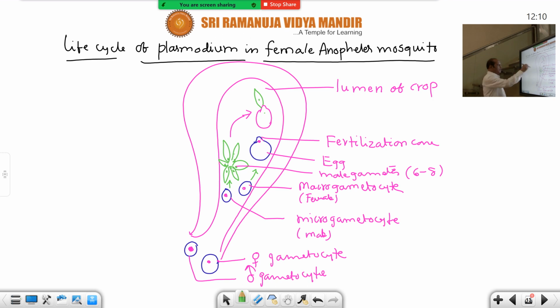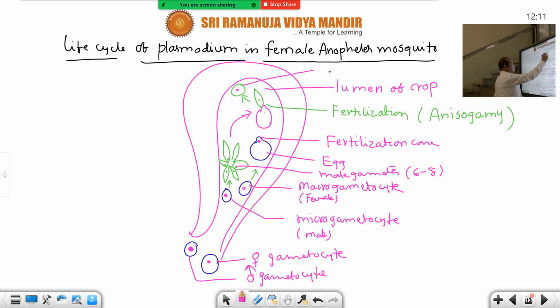This is the site of fertilization. Both male and female gametes are going to unite. The type of fertilization in Plasmodium vivax is anisogamy, because of the union of dissimilar gametes. And then it forms into a zygote, a round structure. This zygote is produced.